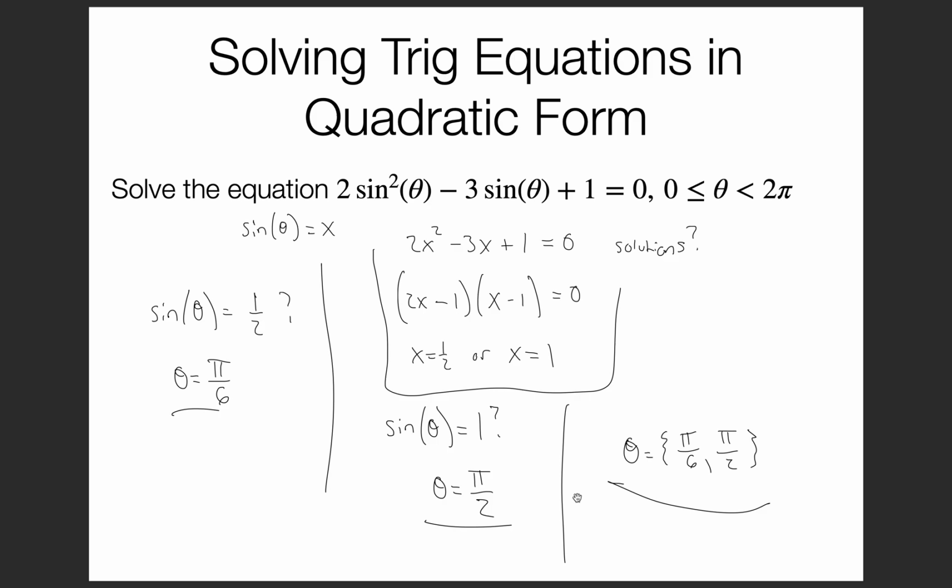And so if you just look at the plot of sine of theta, you'll see that it equals 1 at pi over 2, or 90 degrees. Again, sine repeats every 2 pi, and so the next solution, where sine equals 1, is going to be outside of the range 0 to 2 pi, and so I get my two solutions, pi over 6 and pi over 2.